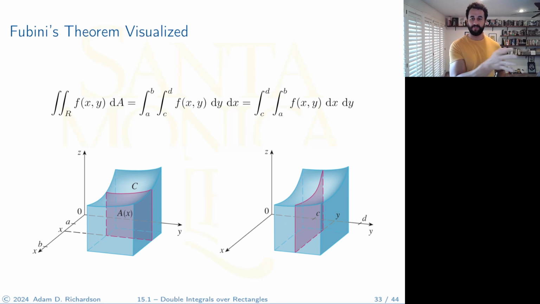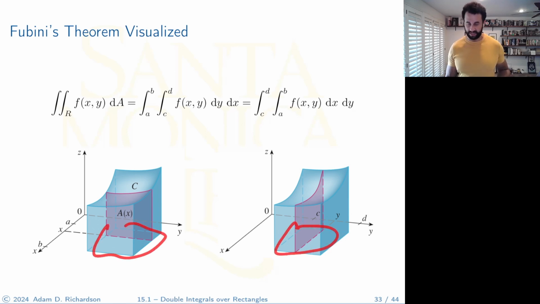I'm going to say this a lot from now on, but the integral is like a scanning machine, and we have to tell it how to scan. I'll say this a lot in the next section, actually. But Fubini's theorem is saying, hey, if you're integrating over a rectangle, you can scan in either direction first and then scan in the other direction second, and you'll get the same result. So here's that A of x function.